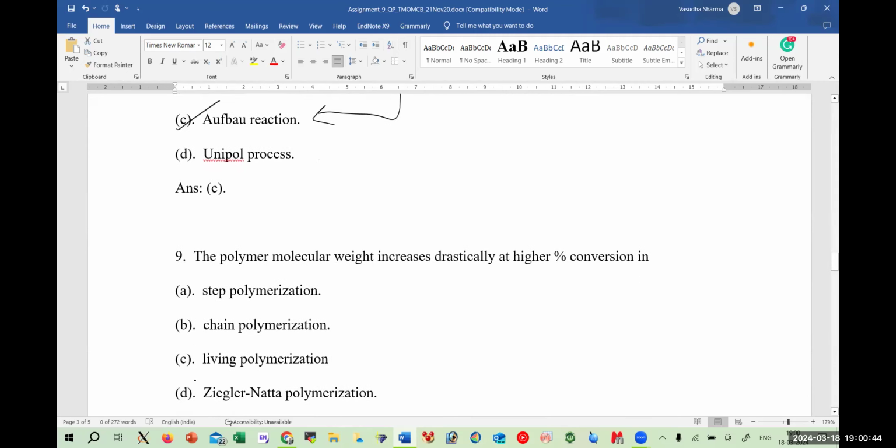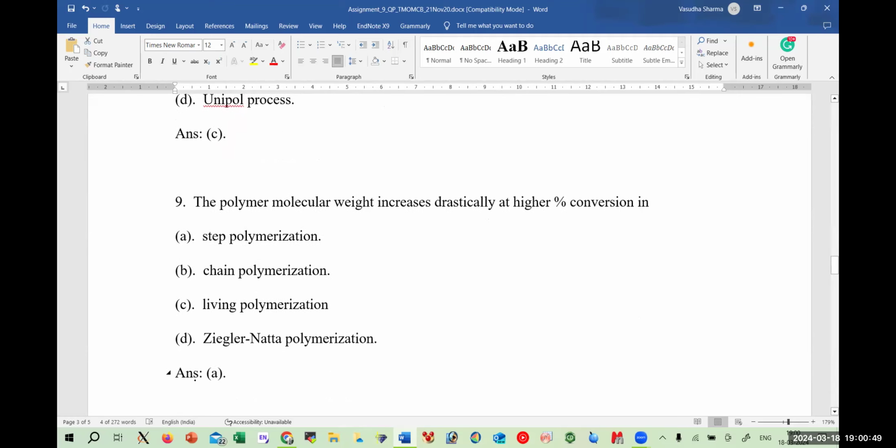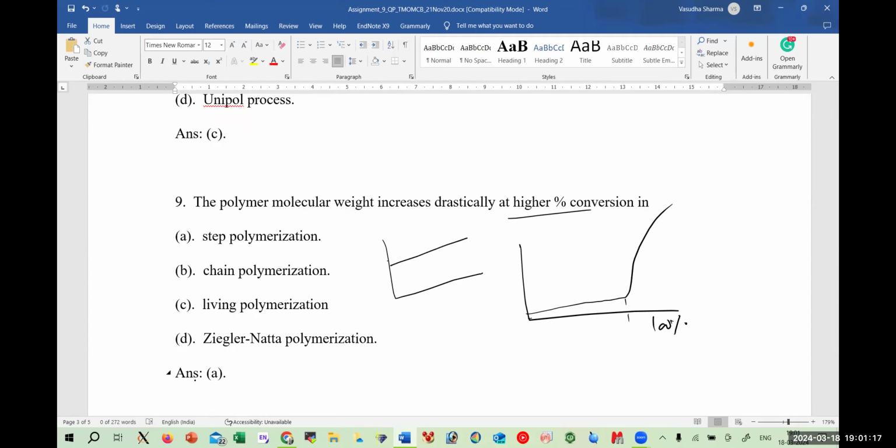Now, the polymer molecular weight increases drastically at higher percentage conversion. So we know that for step growth, at higher conversion, near 100%, it goes up immediately. For chain growth, it is constant throughout because it will not change; it happens very fast.